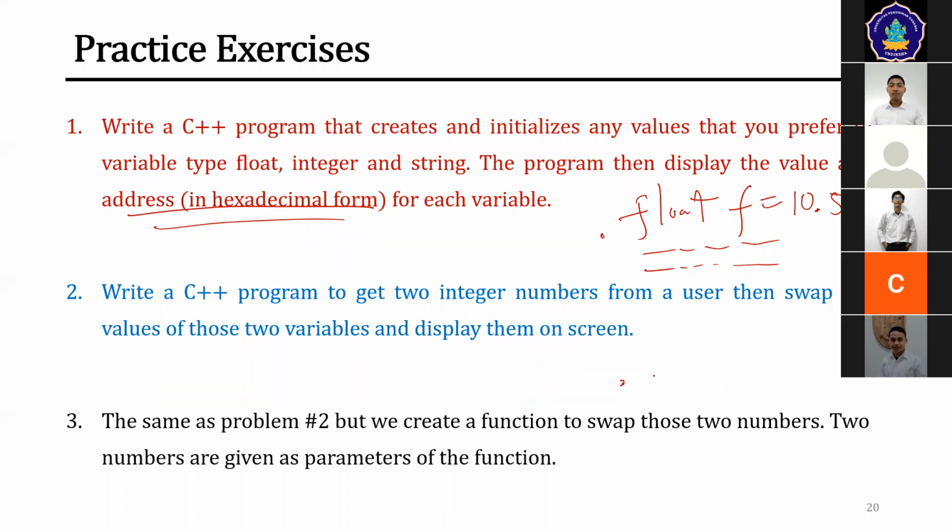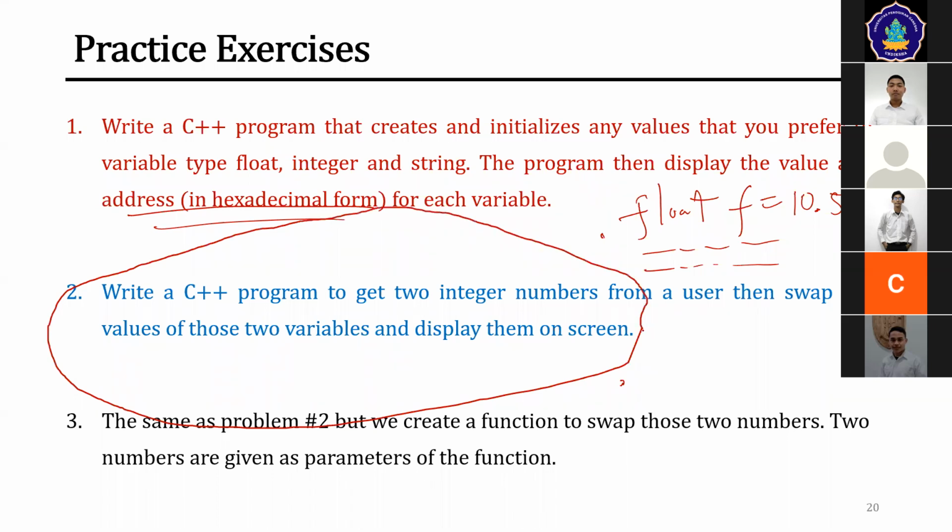That's okay. The goal is to swap them in your program. But here there's no need to use a function at all. The swap here is actually really straightforward. You don't need to use a pointer. You can write some logic inside that.